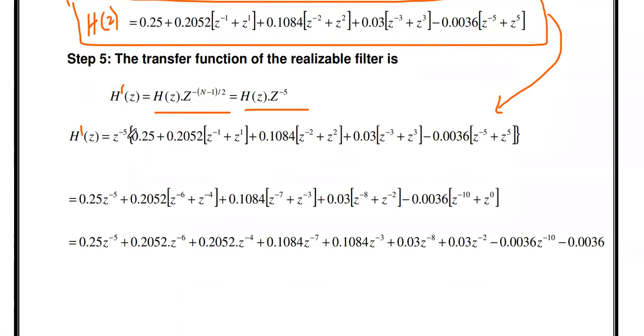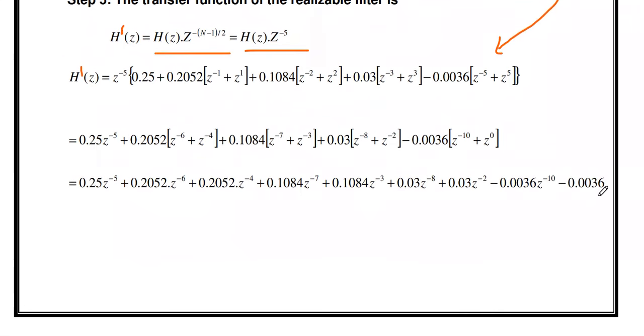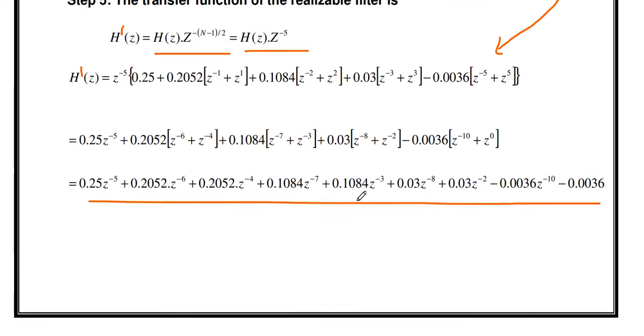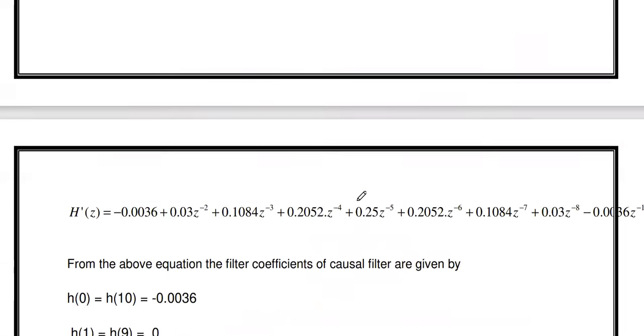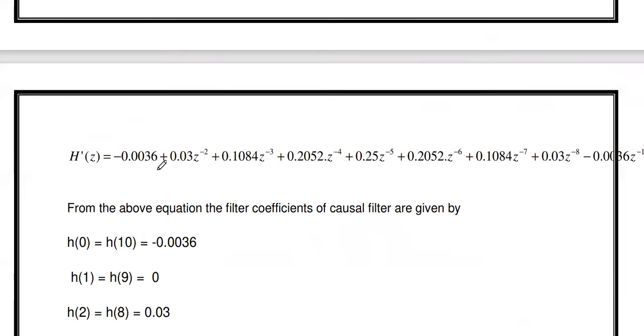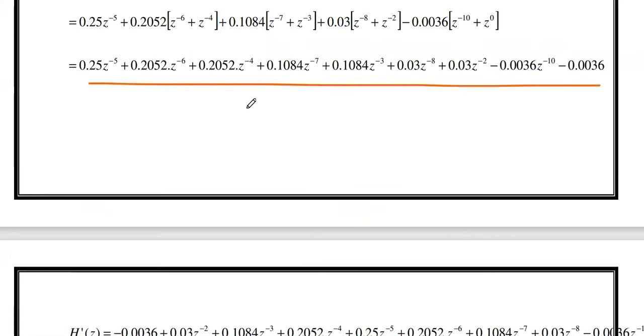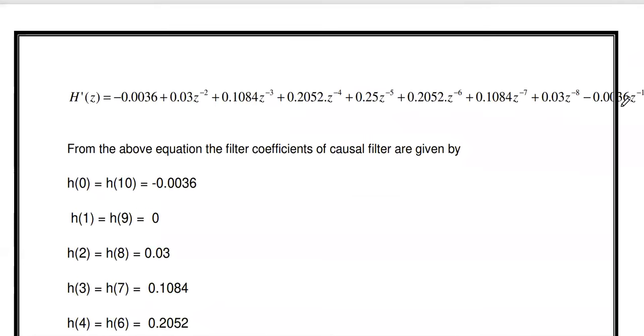Then you multiply z^-5 to each term and expand it. This is H'(z). Then you arrange it in ascending order: first the constant term, then the z^-1, z^-2, z^-3, z^-4 terms.